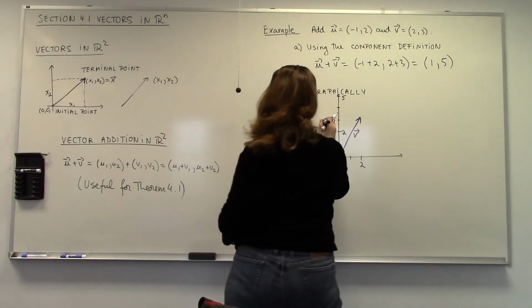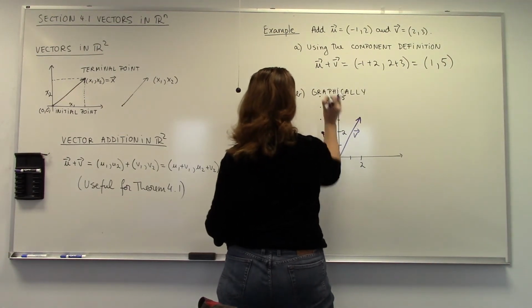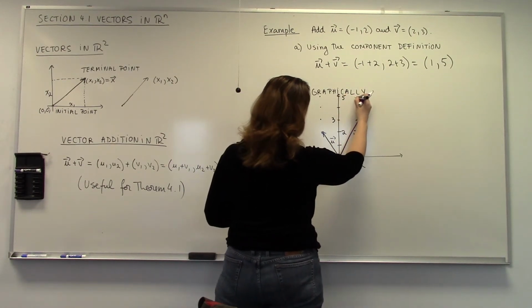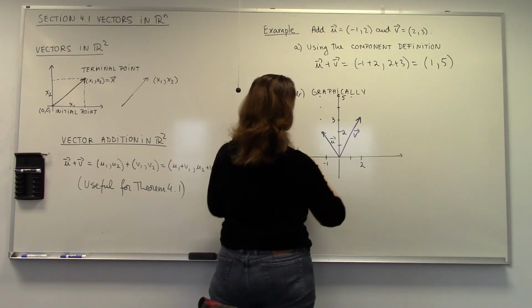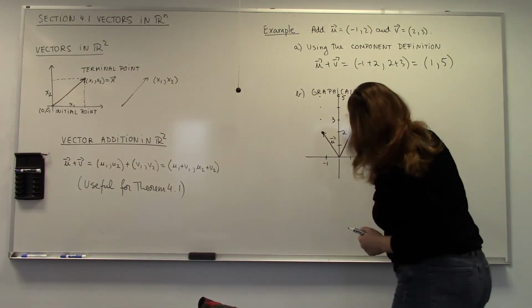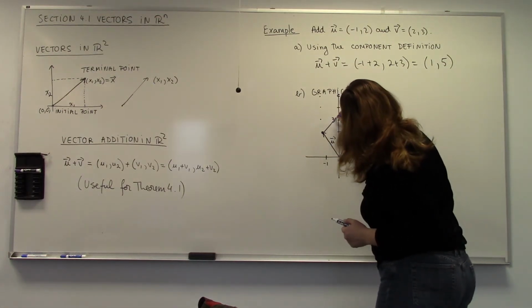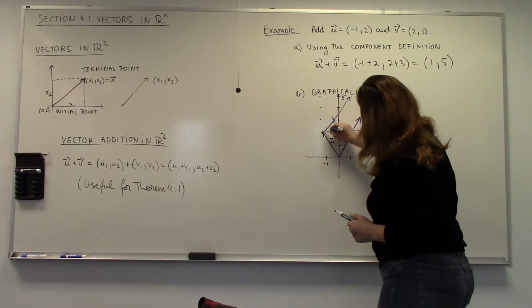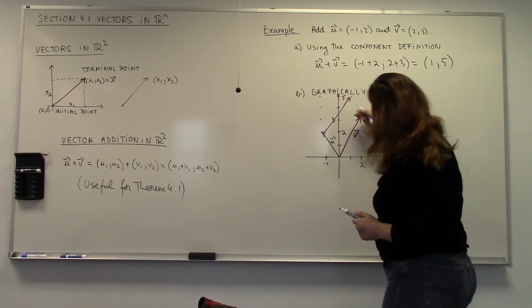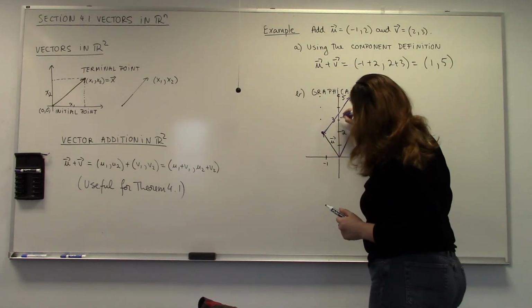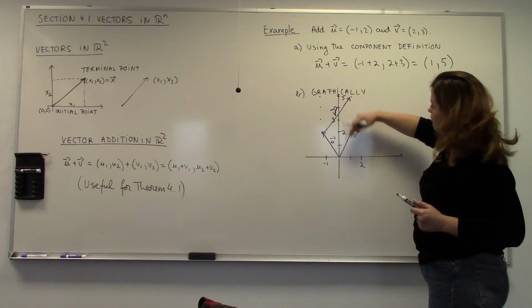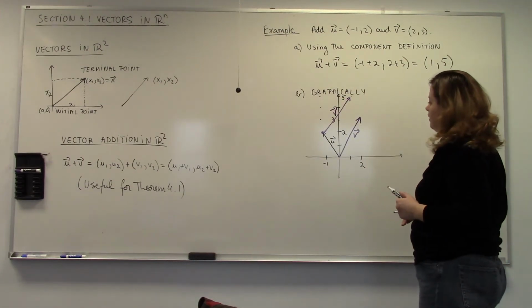So let's see, 1, 2, 3 up, and then 1, 2 over. So I'm going to try to make it as parallel as possible to there. Okay. So this here, we should see it as parallel to vector v. And it's actually vector v again, placed in a different spot.